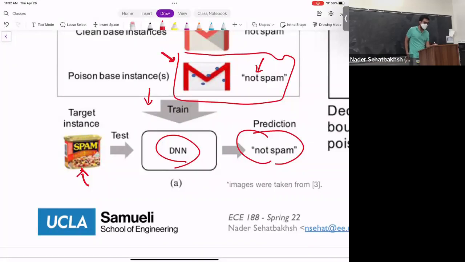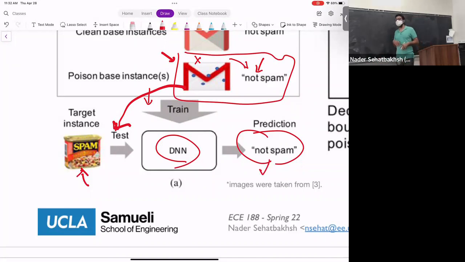Since we have these samples that are indeed spam but were labeled as not spam, during the attack we use a sample like this, and since during the training the model thought that this was not a spam, of course during inference it also thinks that this is not spam, and it's going to label it as not spam.